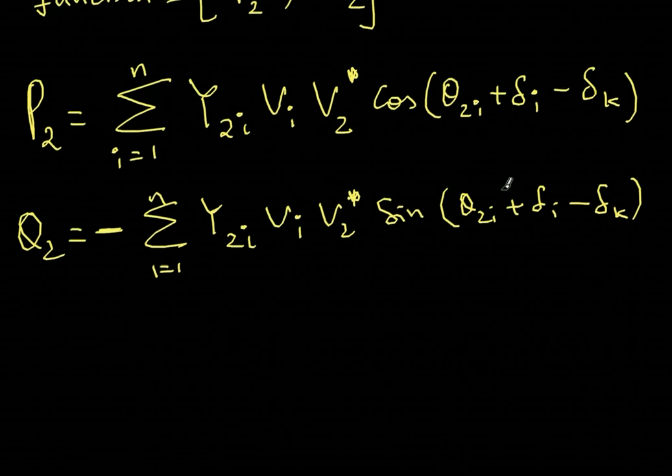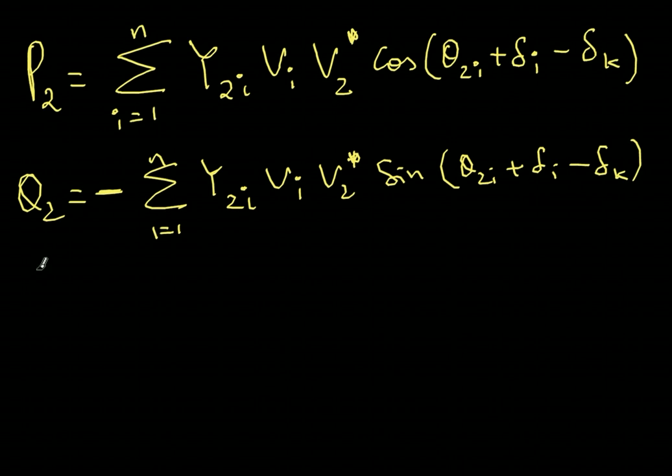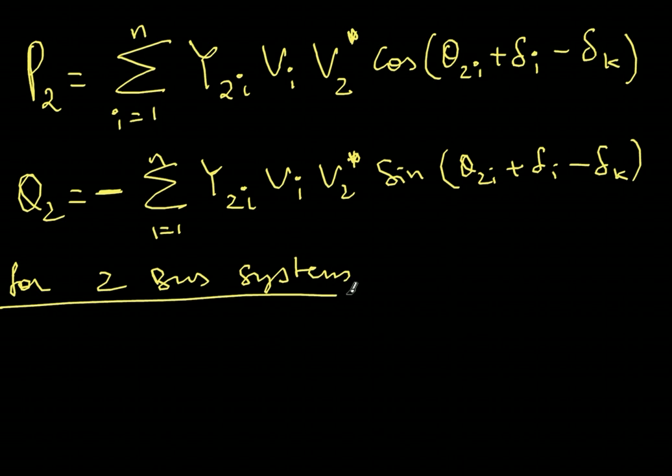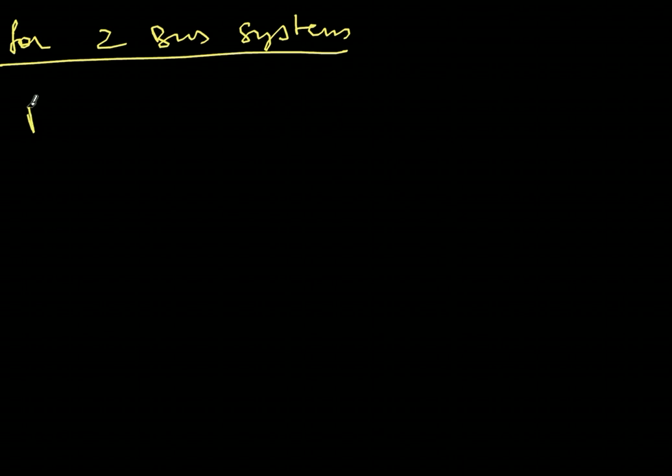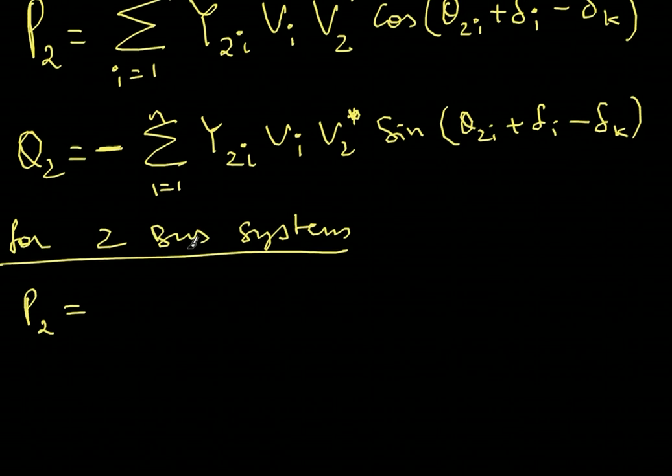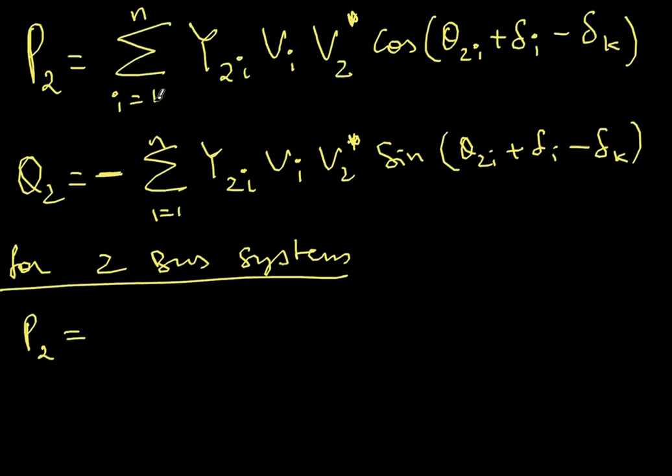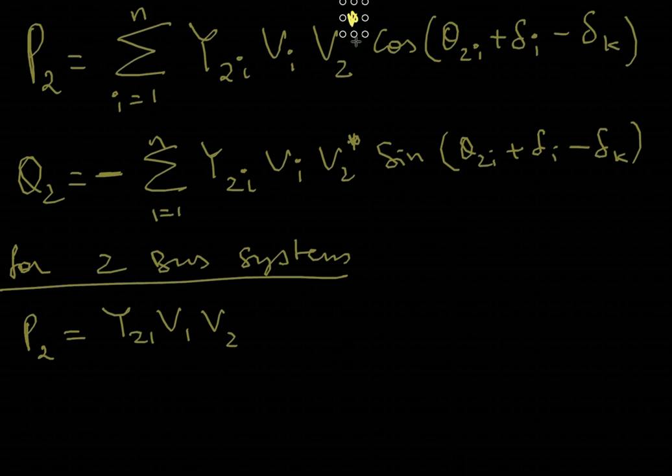For a two bus system, n equal to 2, so let's write it out. For a two bus system, what is P2? Just look above. In the place of i I can put 1 and 2, so I'll get two terms. This will be y21 V1 V2. The conjugate will not be there, I'm sorry, because we are just taking the magnitudes, so these are all absolute values.